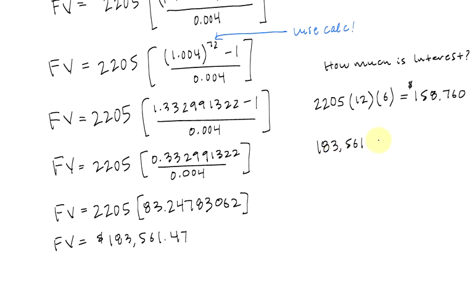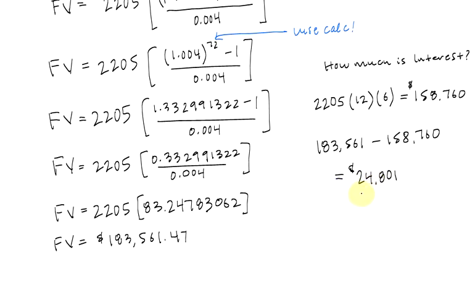To find the amount of money in this case that was interest, we subtract $183,561, and we'll just round this to the nearest whole number for the purposes of this part of the question. We're going to subtract $158,760 from that dollar amount, and the answer that we get is $24,801.